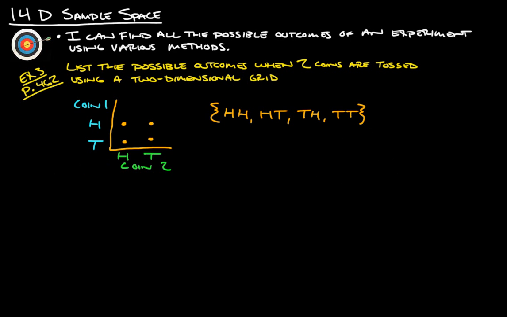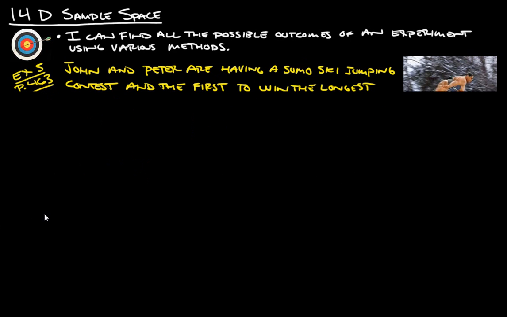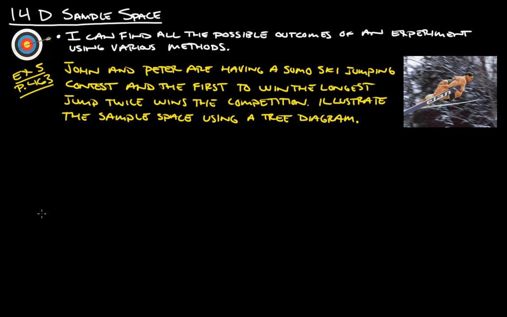All right. One last example to look at is example 5 from page 463, which has been modified just a little bit. John and Peter are having a sumo ski jumping contest. And there is a fine example of sumo ski jumping. And the first to win the longest jump twice wins the competition. Illustrate the sample space using a tree diagram.